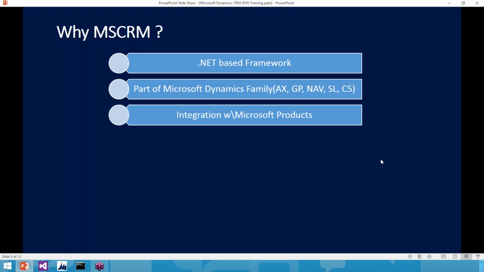And the other cool thing is CRM integrates with so many Microsoft products seamlessly. When I say Microsoft products, I mean Outlook, Word, Excel. With 2016, it started integrating with OneNote.